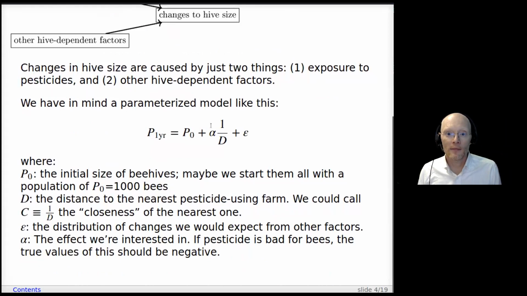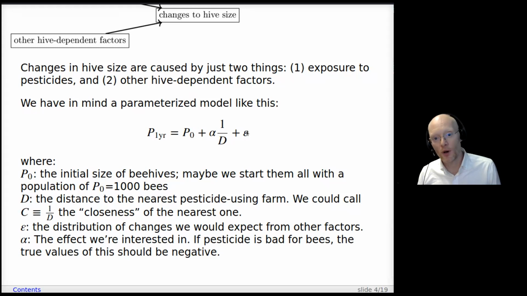Okay, and there's another term here, and this is really a critical part of this kind of simulation. This is the factor for all of these other hive-dependent impacts on population change. As we're going to see, this is not a single number that is the same for all hives. This is a random variable. This represents a distribution, which is the natural variation or variance in hive growth.